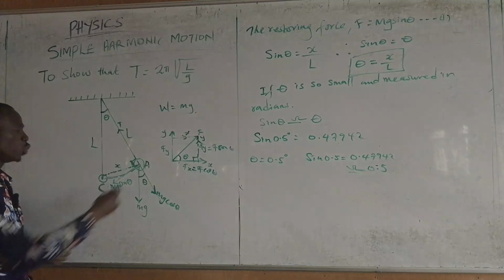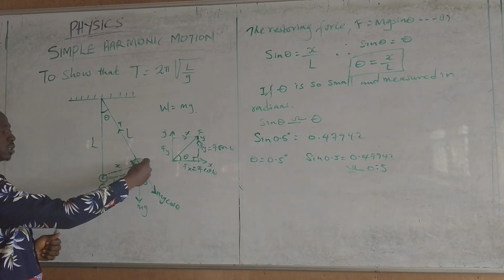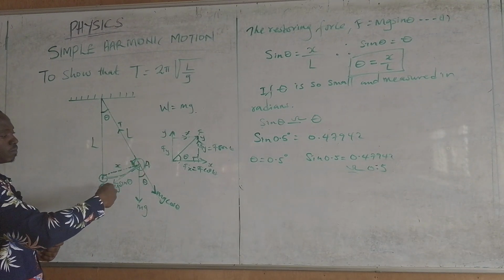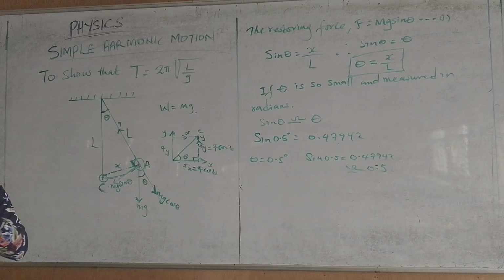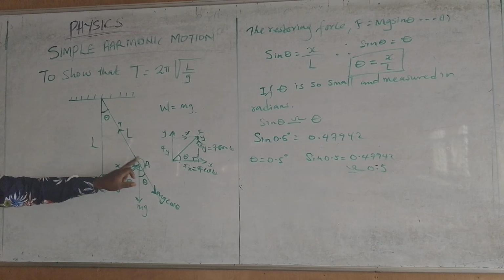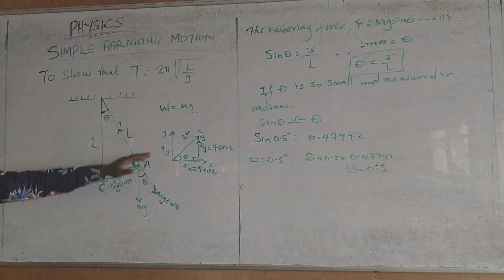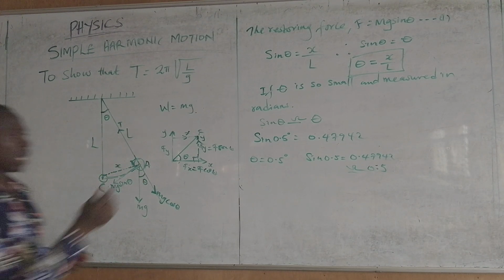Now, the restoring force acts towards the center, and we also know that acceleration is towards the center. So this restoring force will cause the bulb to accelerate towards the center. What do I mean by that?